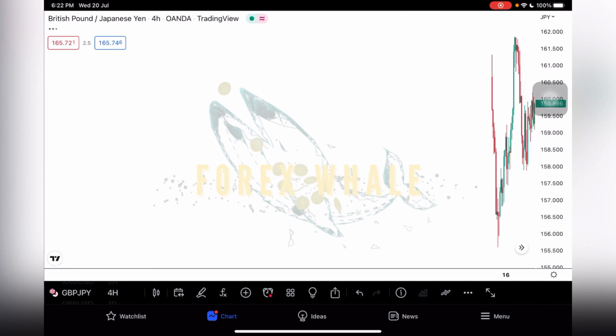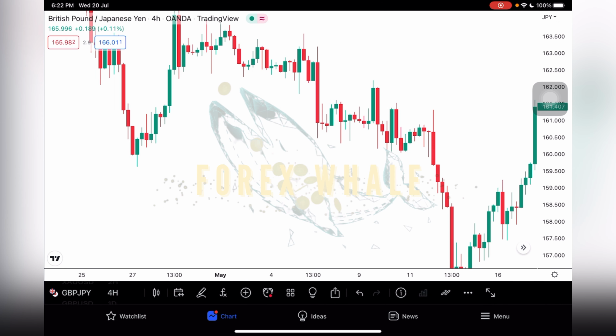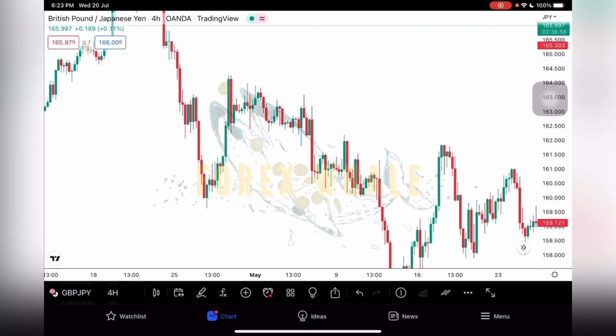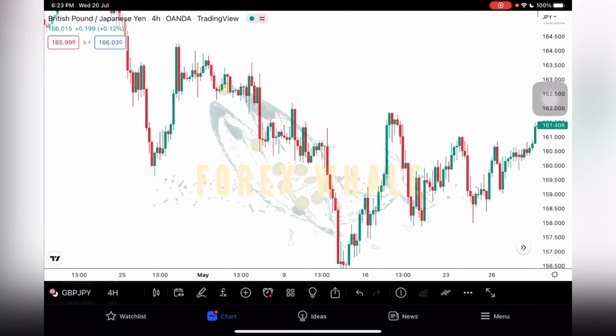Let's take a look at a currency pair. Look, here is an example of a bearish engulfing.